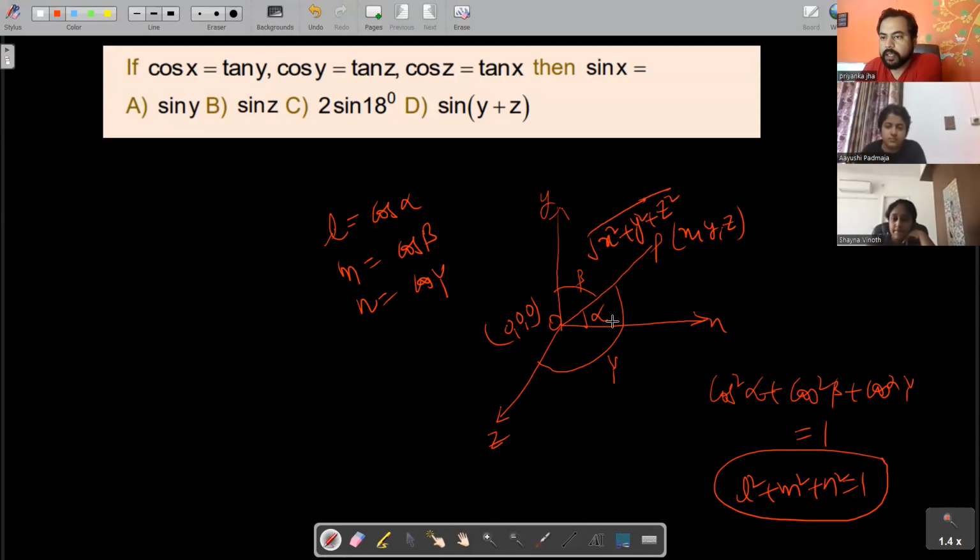To find cos alpha, drop a perpendicular to the x-axis from here. So cos alpha will be base upon hypotenuse, that is OM, where M is the x coordinate, so this length would be x. So cos alpha is base upon hypotenuse.